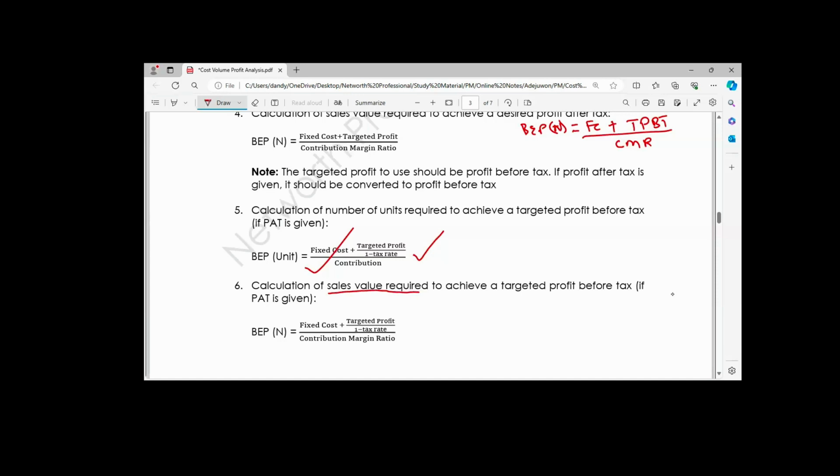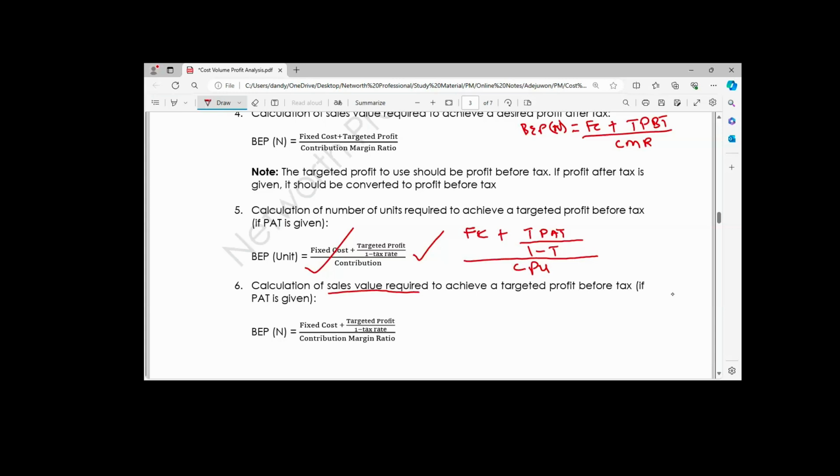In fact, let me rewrite this. Fixed cost plus targeted profit after tax, because what is given to you in the question is targeted profit after tax. Then 1 minus tax rates, all divided by contribution per unit. So this is the formula you are going to use for that.